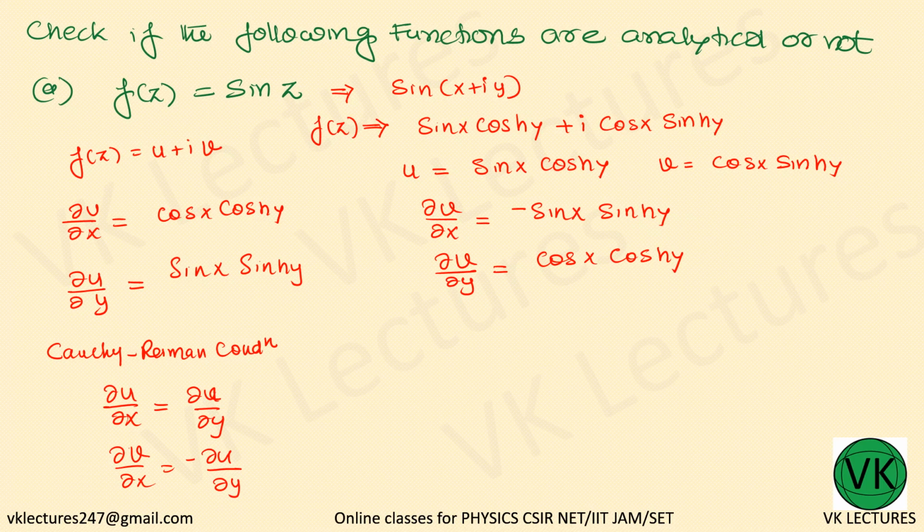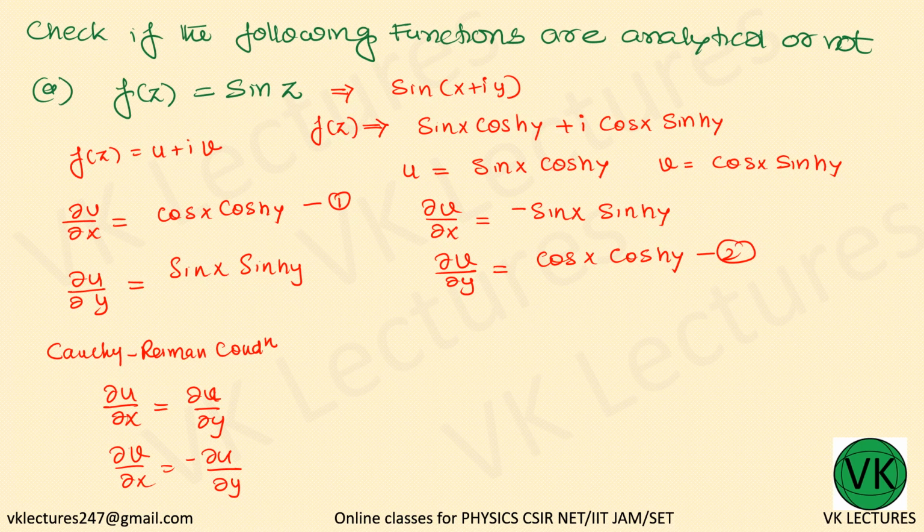So dou u by dou x, cos x into cos hyperbolic y, is equal to dou v by dou y. Look at this, this is 1, this is 2, and 1 and 2 are the same.